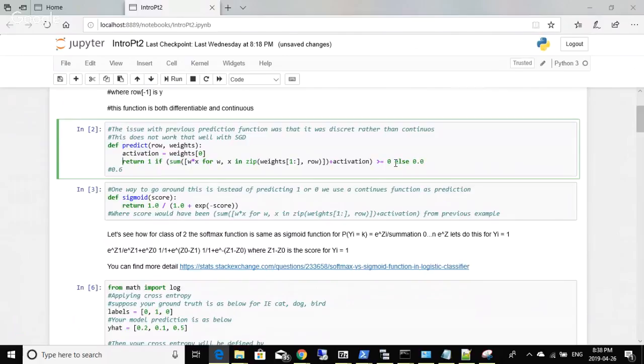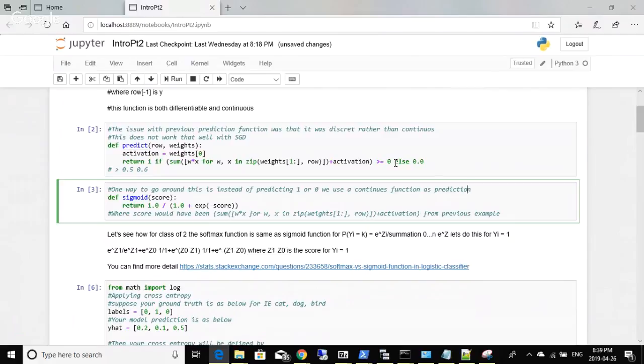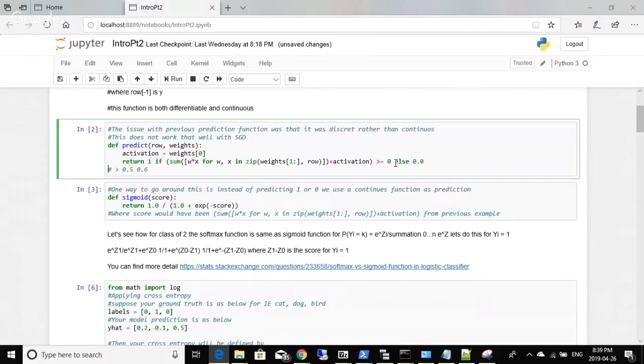But say you change this to use a different rule: if it's greater than 0.5, then it's 1, else it is 0. This is really makeshift.